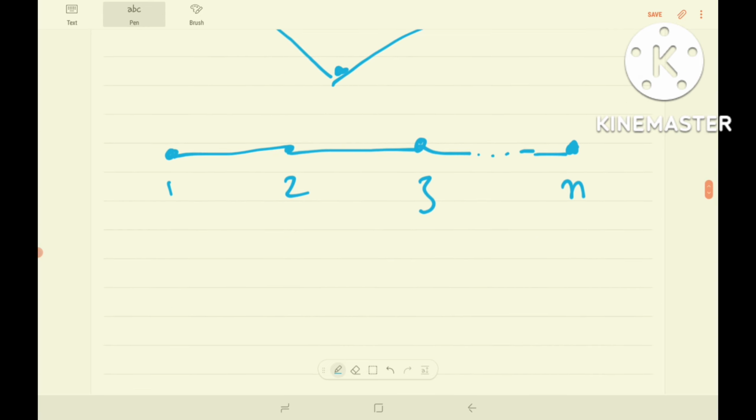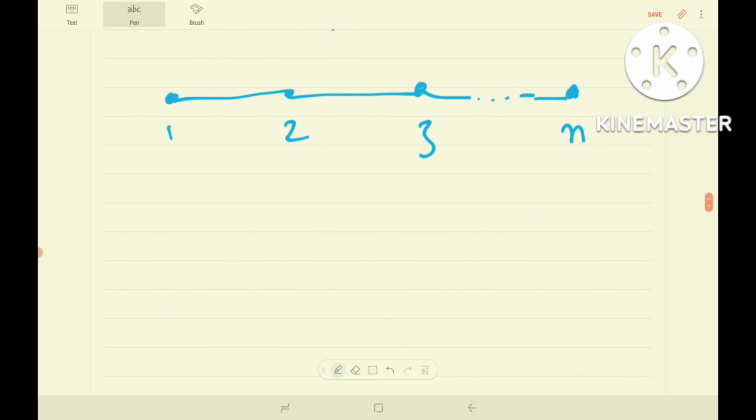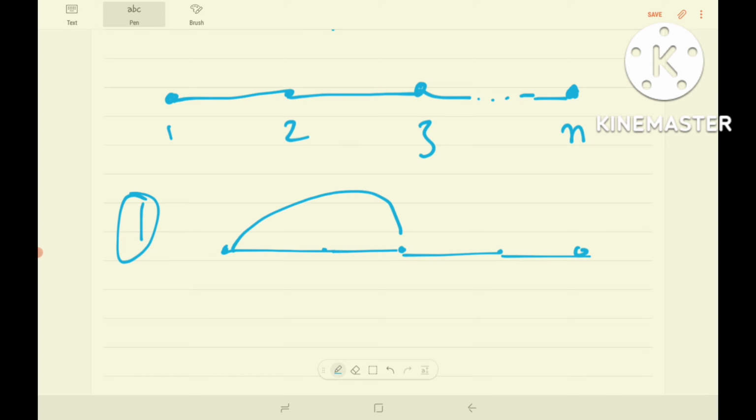So what will happen in the first step, I'm considering discrete steps by the way, is that 1 will get connected to 3, 2 will get connected to 4, then 3 will get connected to 5, and so on and so forth.